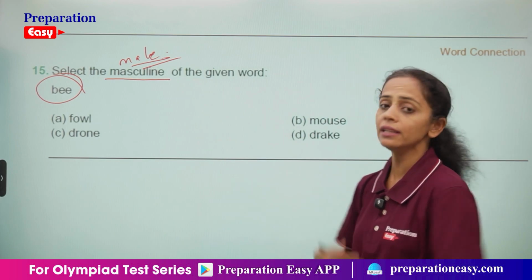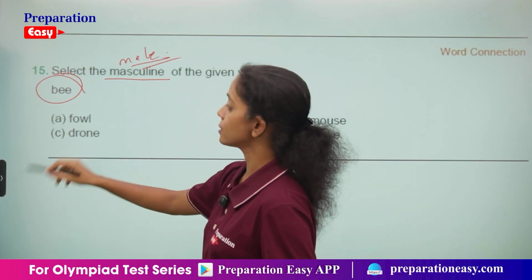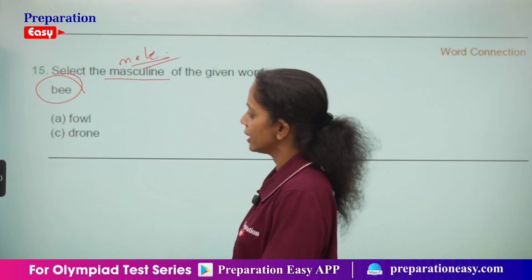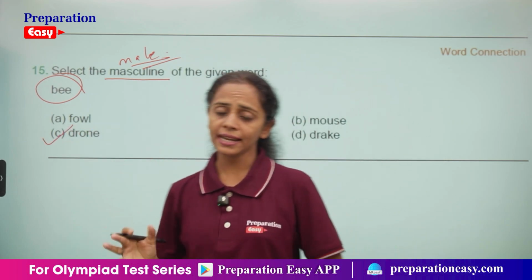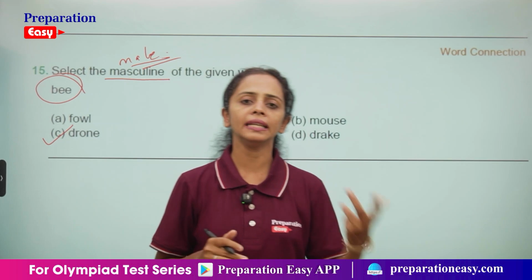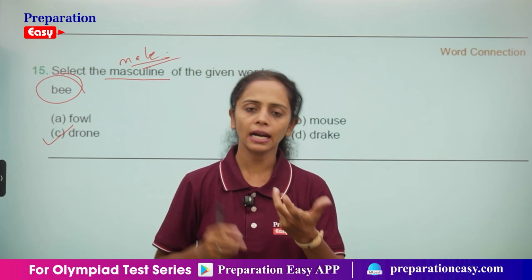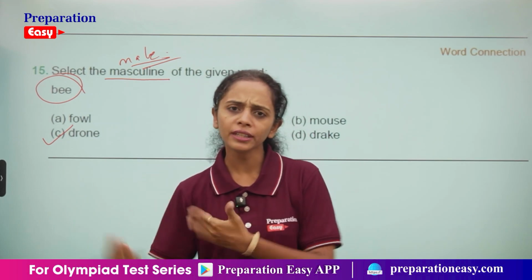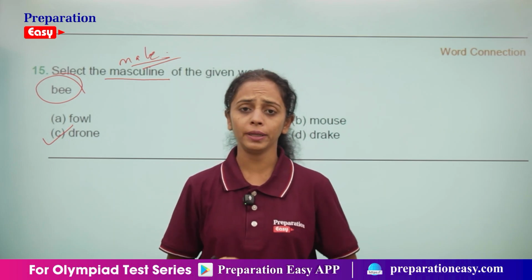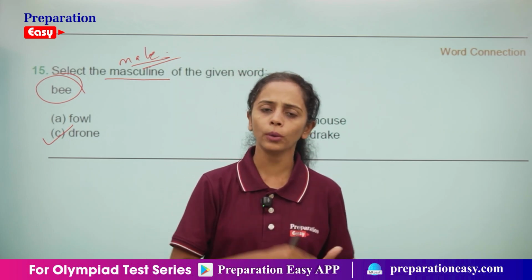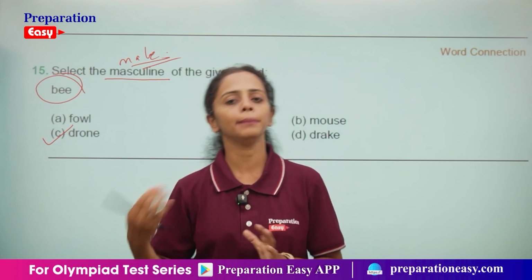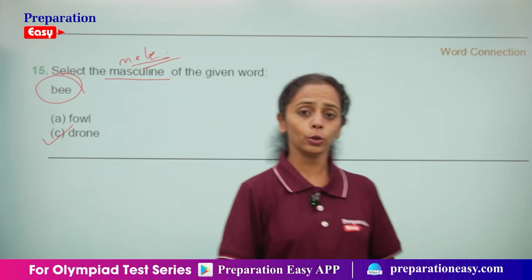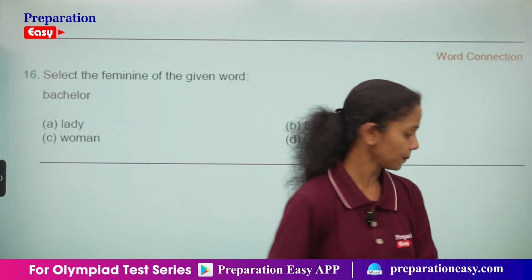The male gender of bee is drone. Clear? See the categorizations. Honey bee is a bee. There are different kinds of bees, but the honey bees also come as queen bee, who is actually a worker. Then comes a drone, who is the male version of honey bee.